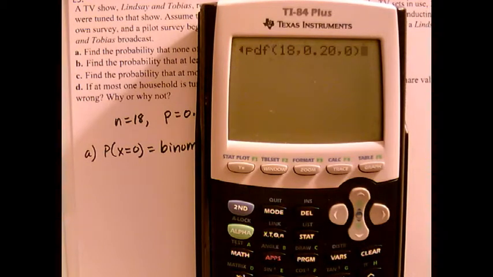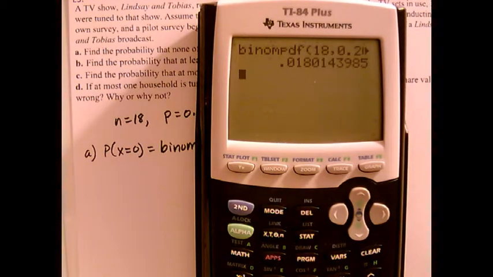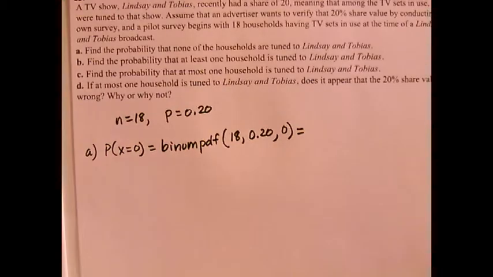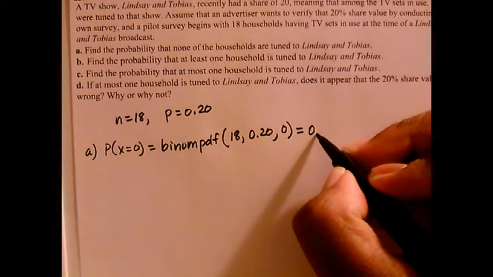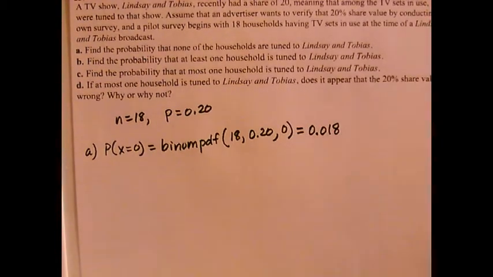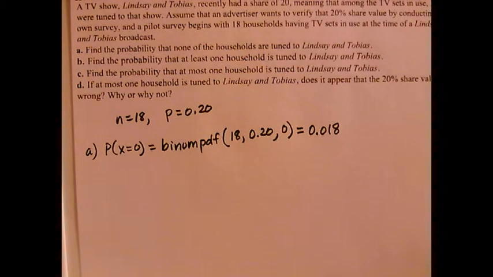Highlight Paste, and then press enter again, and then press enter again to get your answer. So to 3 decimal places, it will be 0.018. So the probability that none of the households are tuned to Lindsay and Tobias will be 0.018.